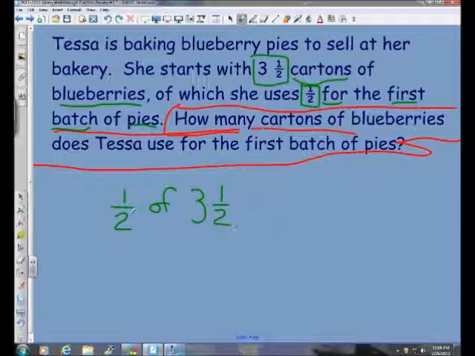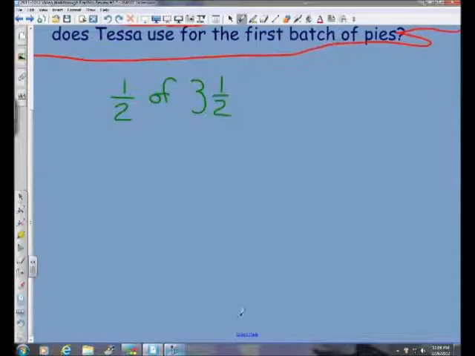So this 1/2 represents the first batch of pies that she made. Hopefully you've seen enough of these at this point that you're probably thinking multiply. Well, exactly correct. You'd be so right.